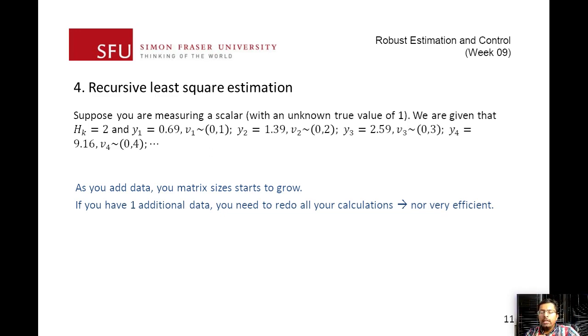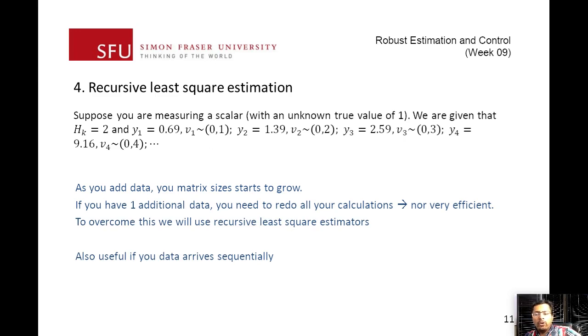You need to calculate the H transposes, and then the H transpose R inverse H, and then take the inverse, and go through the whole process. This is not very efficient, and this is where you would use a recursive least square. It becomes particularly relevant if your data is going to arrive sequentially.